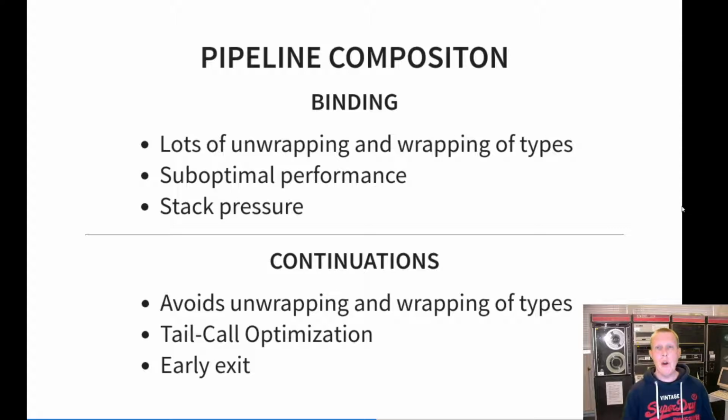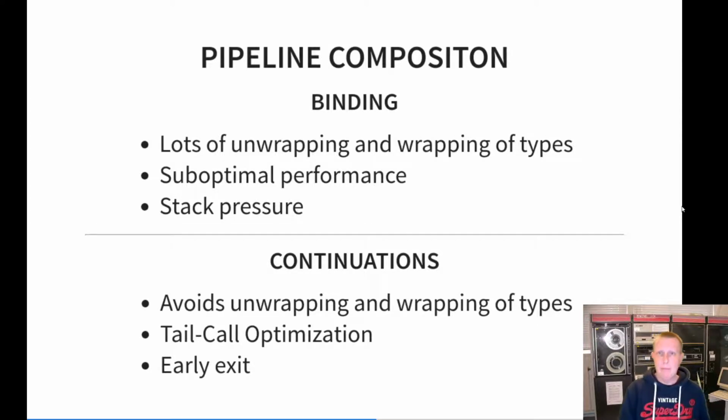So if you know that you are finished and there's no point in continuing with anything, then you can just return, and this saves, of course, a lot of CPU cycles and time. So that's a very useful feature of using continuations.